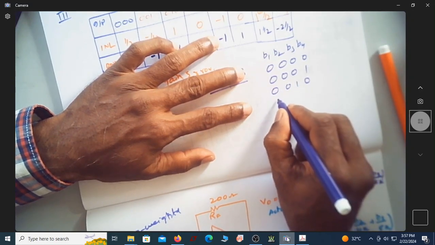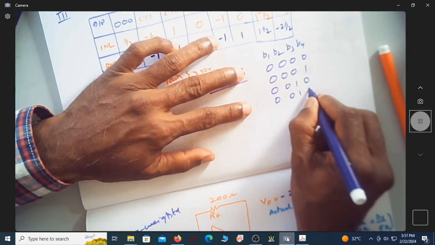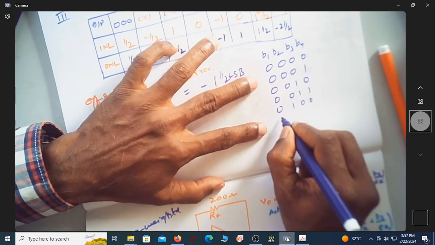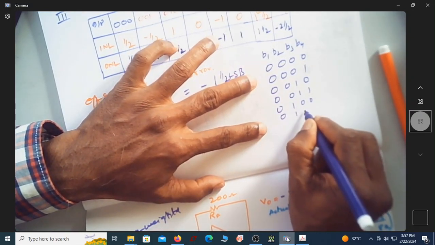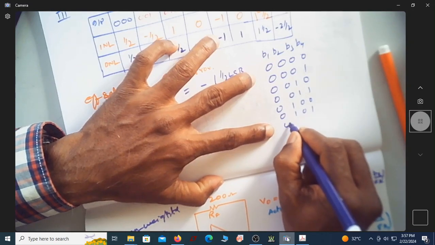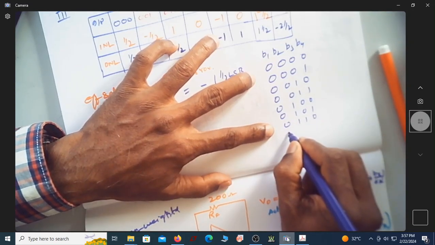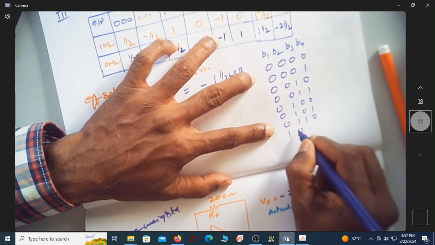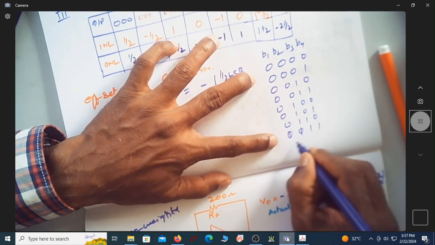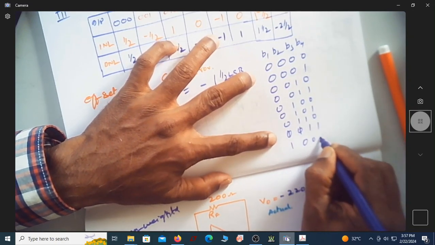Next it is 0, 0, 1, 1. Next it is 0, 1, 0, 0. Next it is 0, 1, 0, 1. Next it is 0, 1, 1, 0. Sorry, next it is 0, 1, 1, 1. Next it is 1, 0, 0, 0.